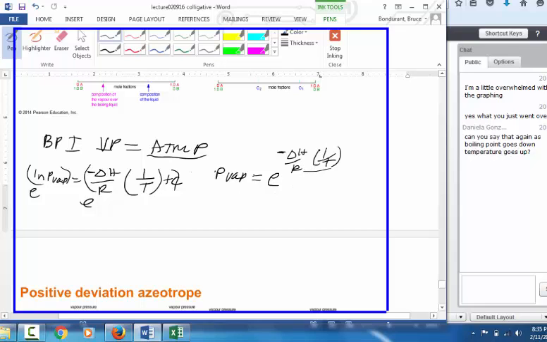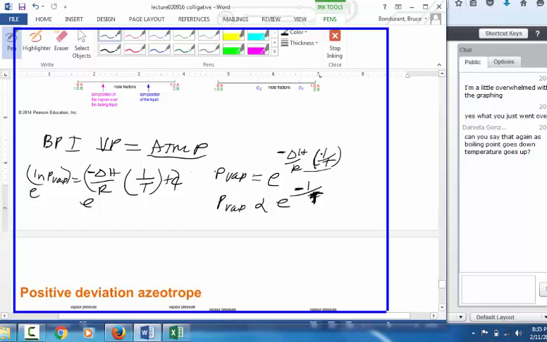So the proportionality is different. You could say pvap is proportional to e to the negative 1 over T, because R and delta H are just constants.